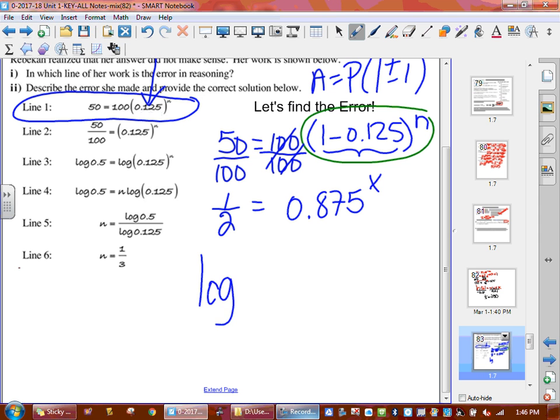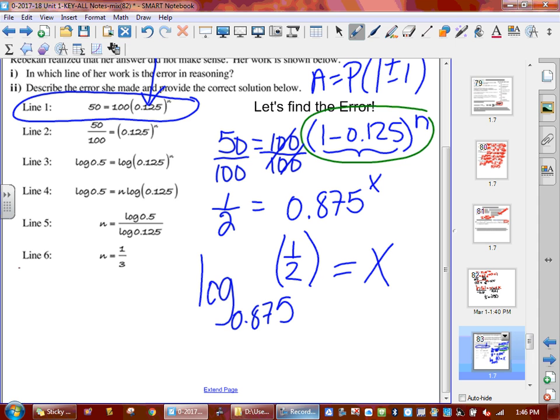So now, if you don't have the log base, you'll type in log 1/2, enter, divide by log 0.875. And we're going to get a number that's a decimal. Now, it's 5.2.